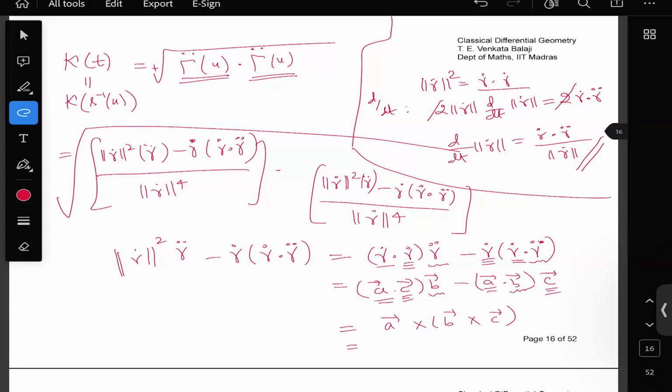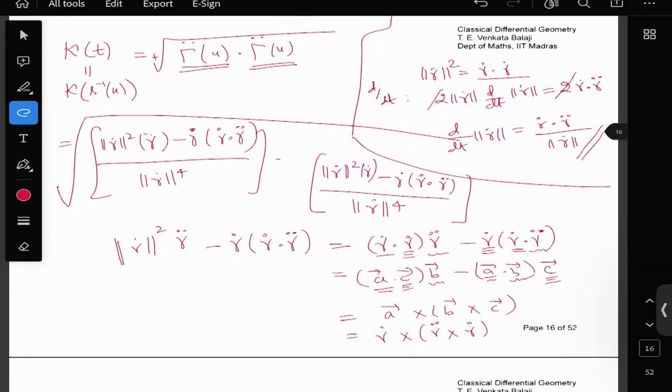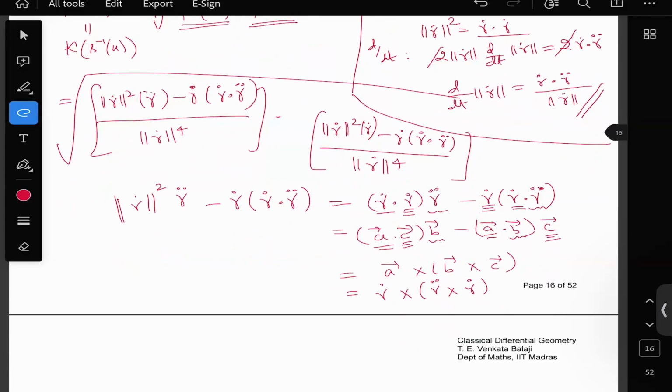So if you make this comparison, then you will see that you will get gamma dot cross gamma double dot cross gamma dot, okay, and therefore this term, if you take dot on the numerator, you will get simply the norm squared of that, okay, and there is a square root.